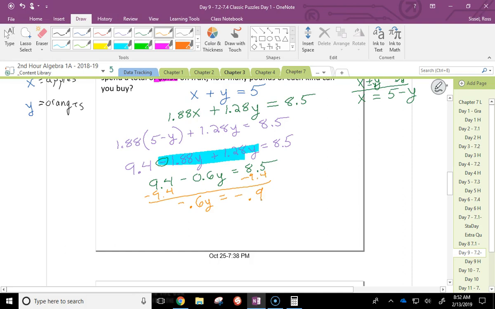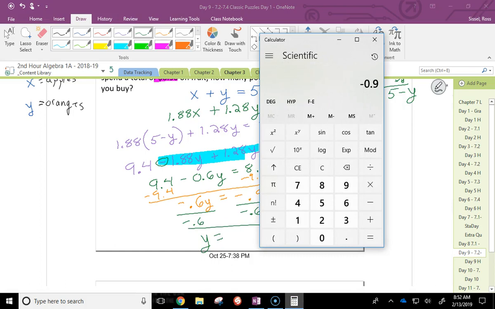So now I have negative 0.6y equals negative 0.9. How do I get y alone? Divide by what? Negative 0.6. y equals. A negative divided by a negative is going to give me a positive. So I'm just going to type in positive numbers. 0.9 divided by 0.6 is 1.5.